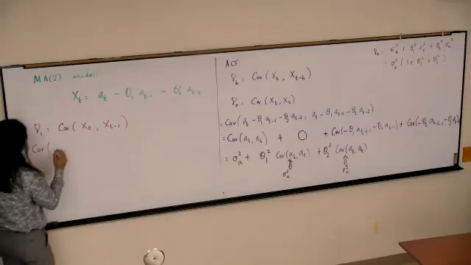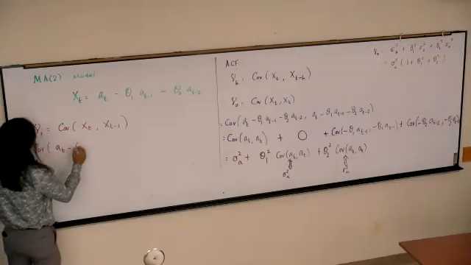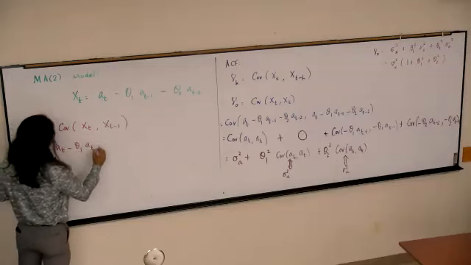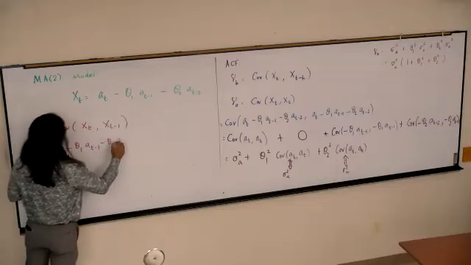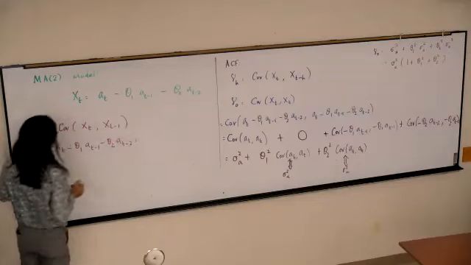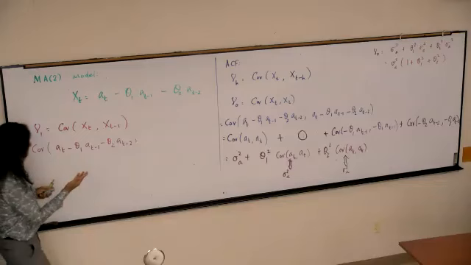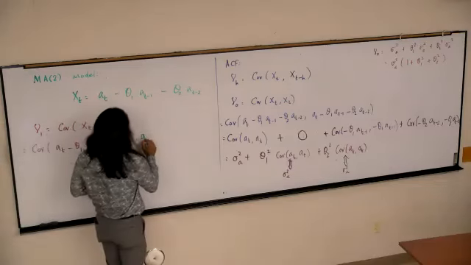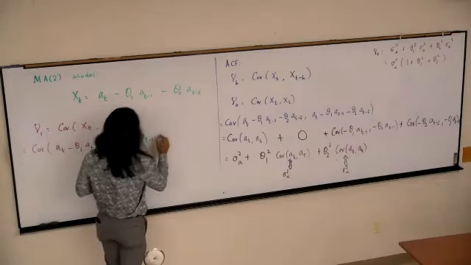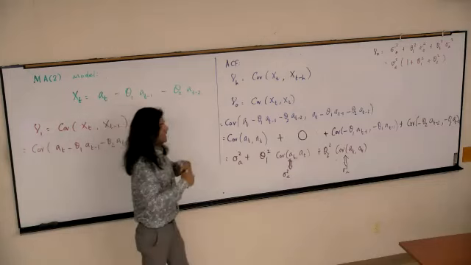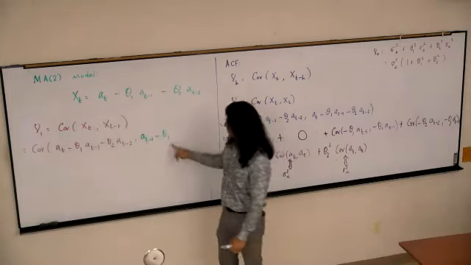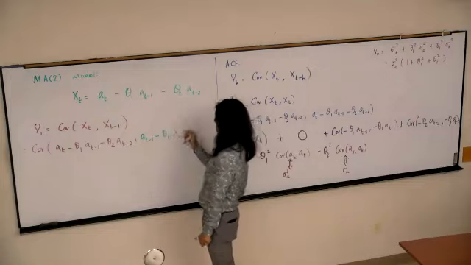Covariance of xt is a_t minus theta 1 a_t minus 1 minus theta 2 a_t minus 2, and xt minus 1 is a_t minus 1 minus theta 1, a_t minus 1 minus 1.